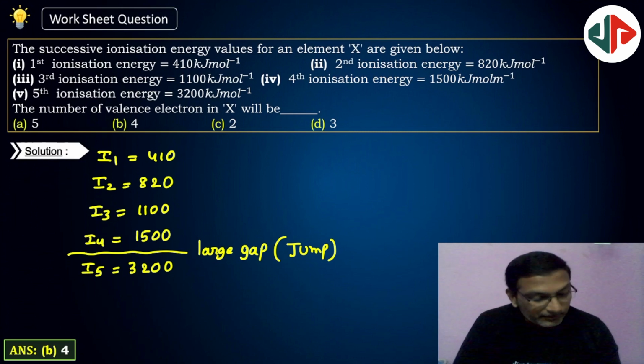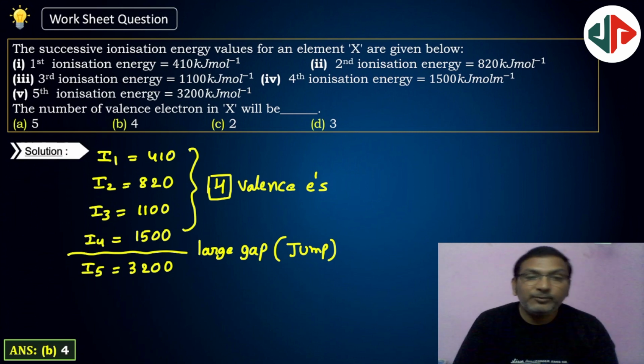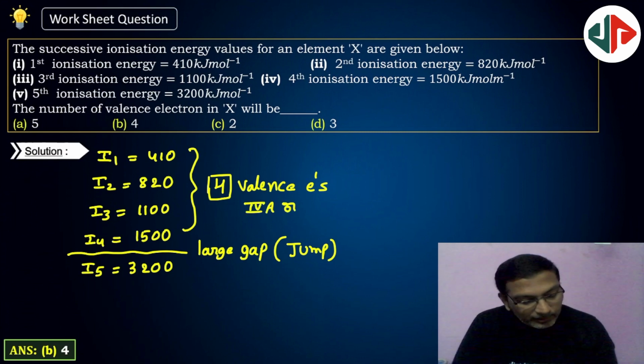So therefore there should be 4 valence electrons. It is very difficult to remove fifth electron. Therefore there should be 4 valence electrons. 4 valence electrons means fourth A group or 14th group element.